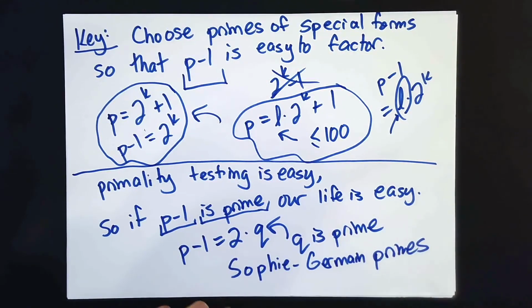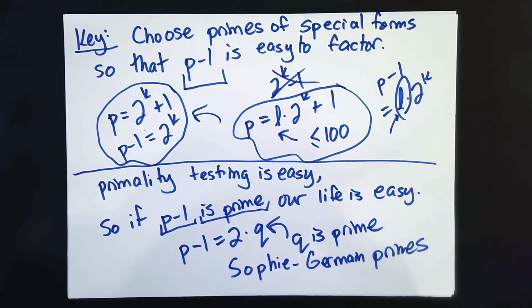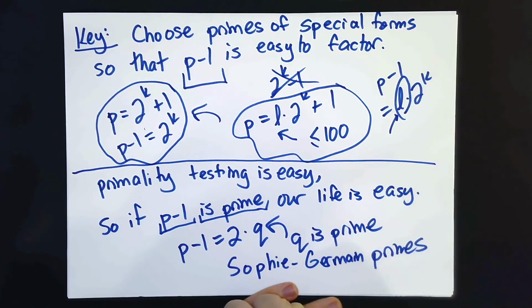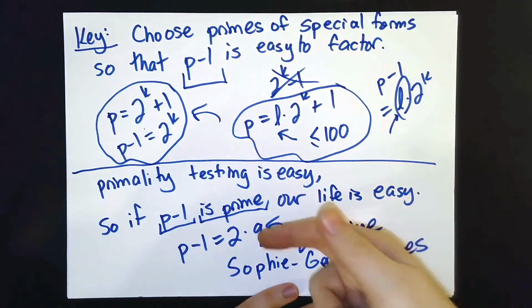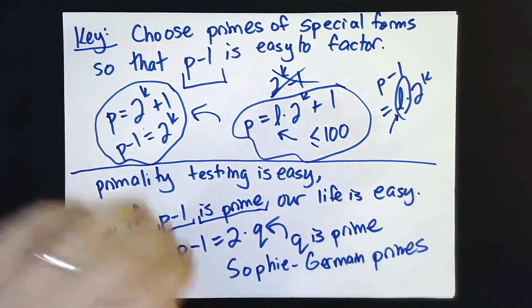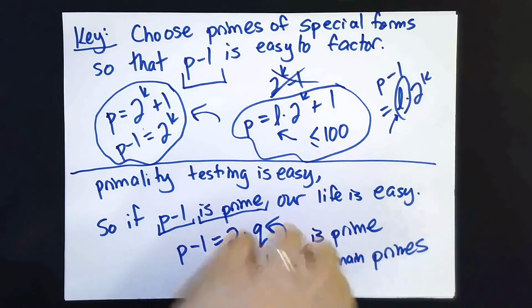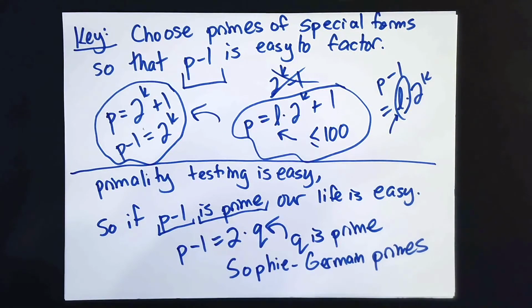So basically what this is saying is, okay, so p is some large odd number, so of course p minus 1 is divisible by 2, so divide it by 2, and then check if that number is prime. And if that number is prime, and p is also prime, then you know how to factor p minus 1, namely p minus 1 factors as 2 times q. And so either primes of this form, or Sophie-Germain primes, are very useful for, again, finding a large prime where you can find a primitive root so that you can use the discrete log problem, and all of these good things follow from doing that.